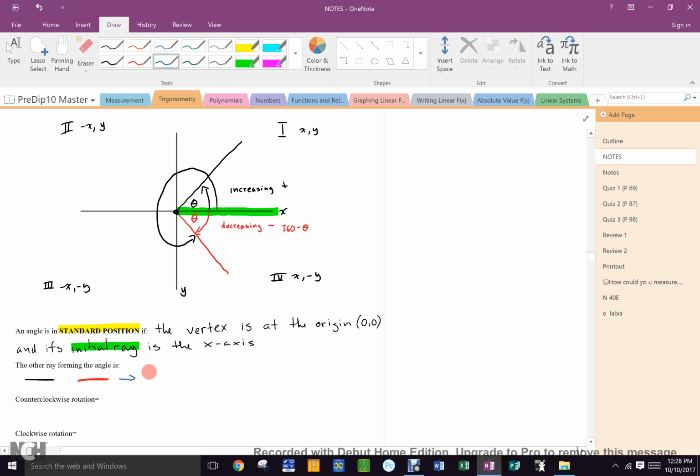Those are what we call the terminal arm, because that is where the ray ends. It terminates there. And I'll highlight that in blue. Is everybody cool with that? Okay. If it is counterclockwise or anti-clockwise, we have what?